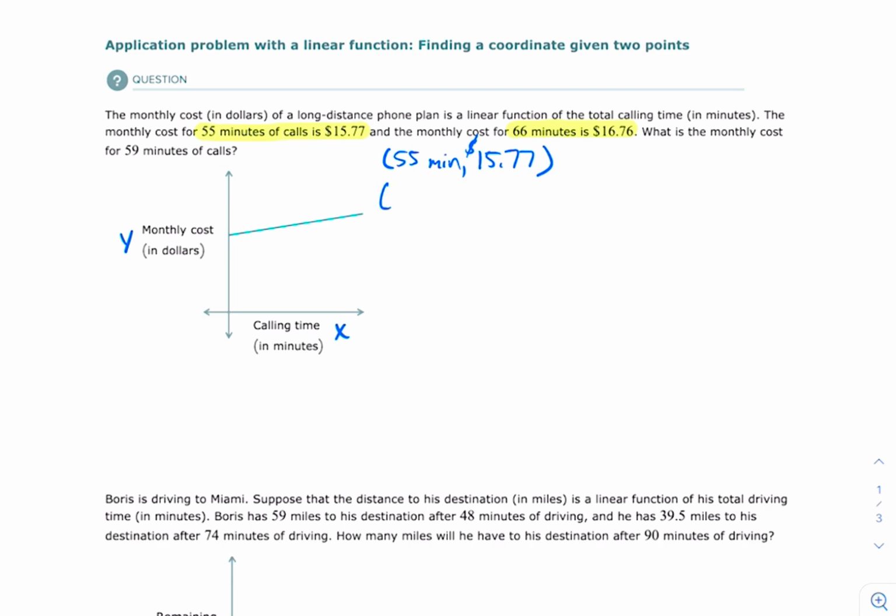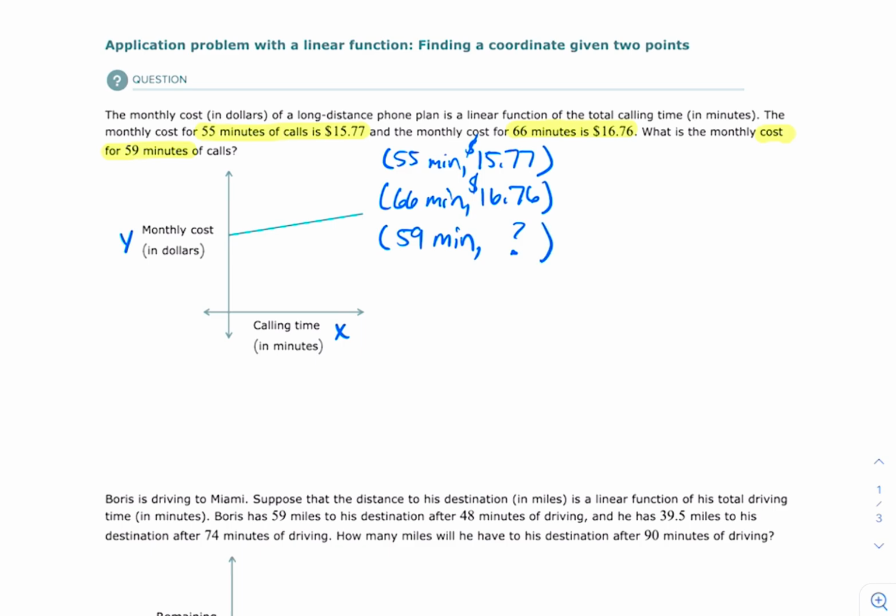So again, I'm just going to write that as a point, 66, $16.76. And then our question is asking, what is the monthly cost for 59 minutes? So I have 59 minutes, and we are trying to find that missing cost.